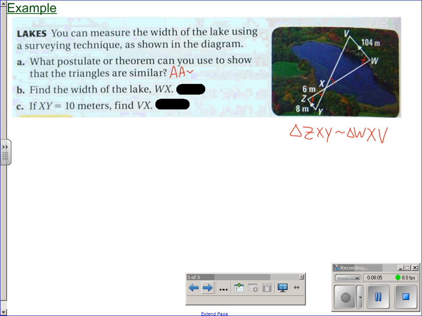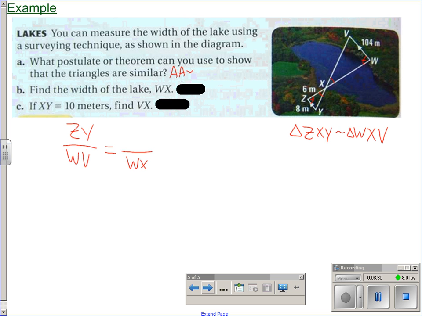Now it says find the width of the lake, WX. So here's what I was talking about in the last slide. We got similar triangles, so now we can set up these proportions. All right, side ZY. Its corresponding side is WV. We're looking for WX. That's in that bigger triangle, so that's going to be in the denominator.